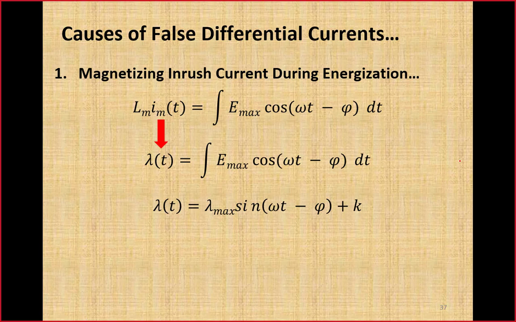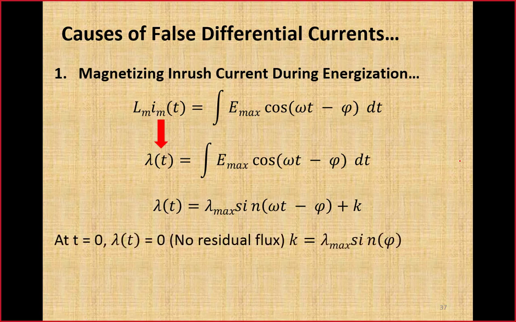Now we are going to evaluate this constant of integration by substituting the initial condition. When time t is equal to 0, the flux linkage lambda at t equal to 0 will be 0. It means there was no residual flux in the core.